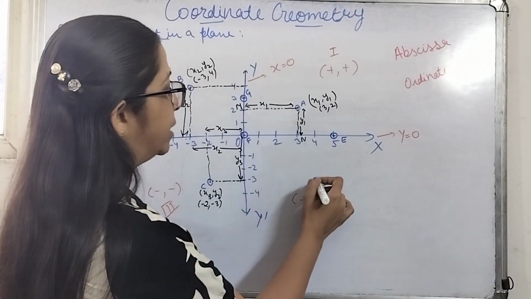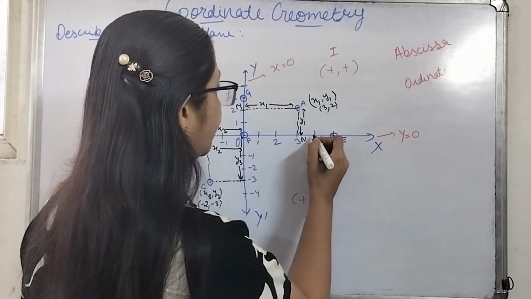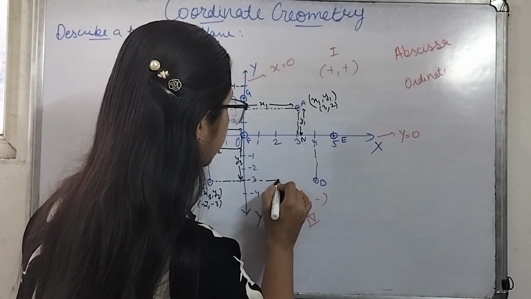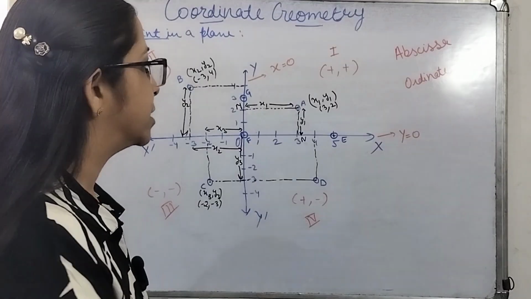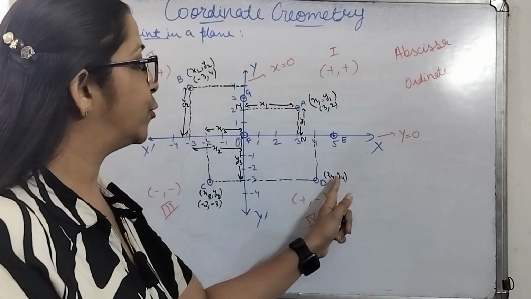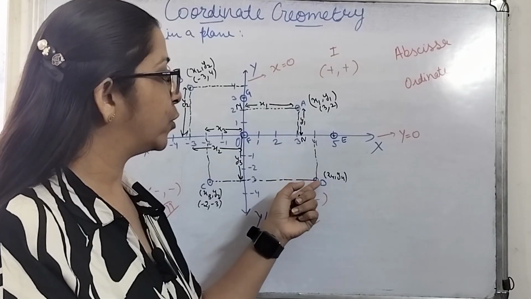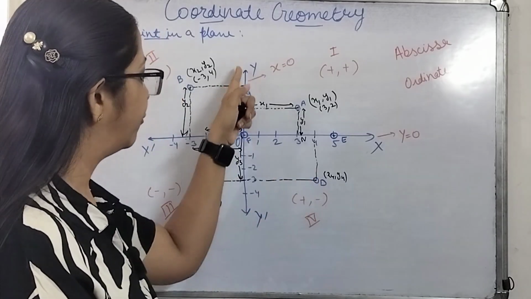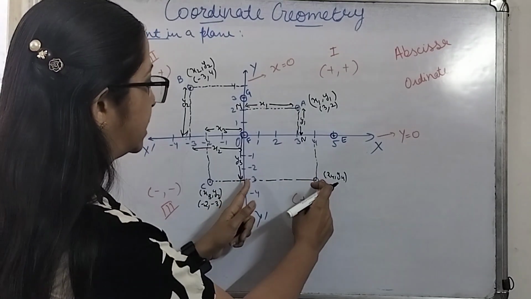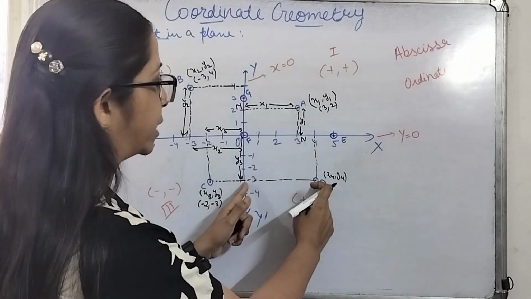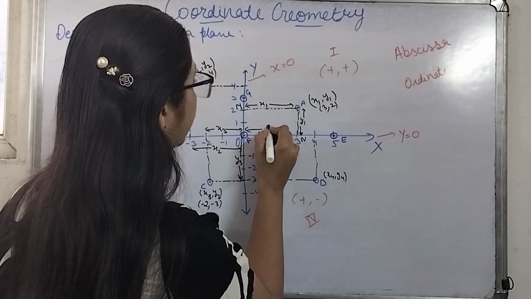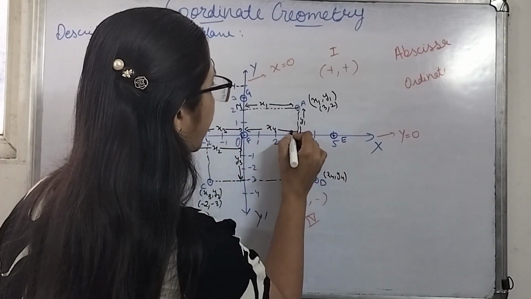Now if we look at the point D, first of all we will draw the perpendiculars. On the x-axis this is the perpendicular, on the y-axis this is the perpendicular we have drawn. Suppose its coordinate is (x4, y4). So what will x4 be? The perpendicular distance of the point from the y-axis will be the x coordinate. That means this distance is your x4, equivalent to this distance up to here.